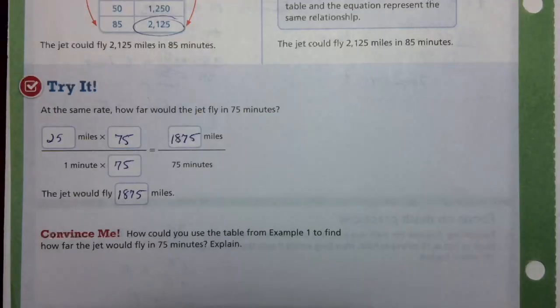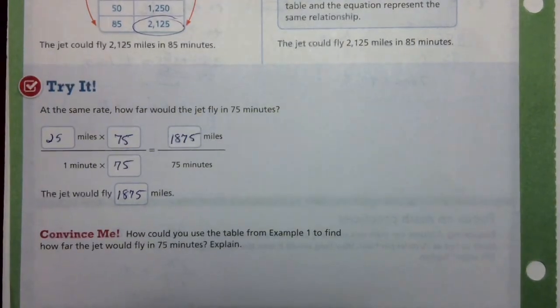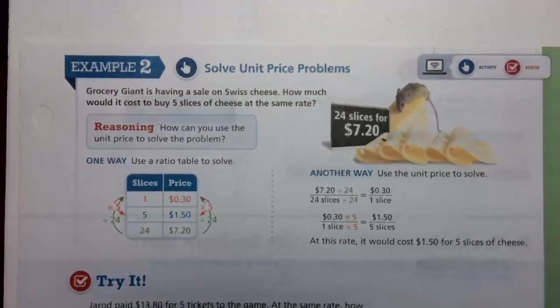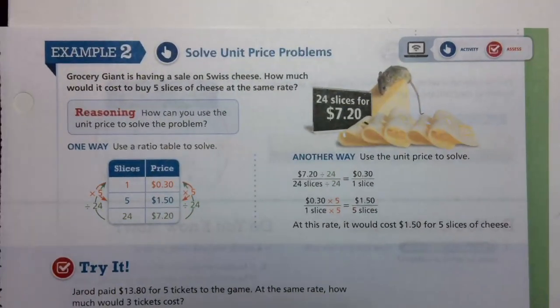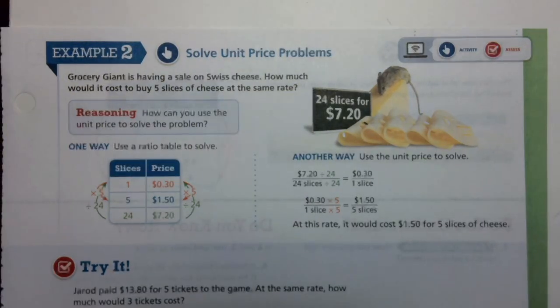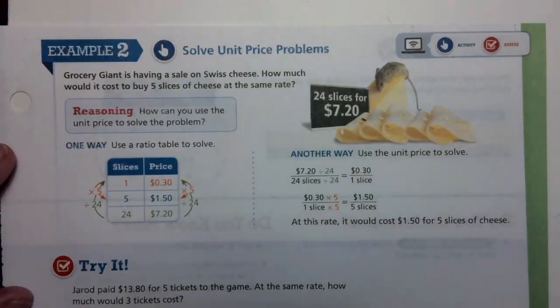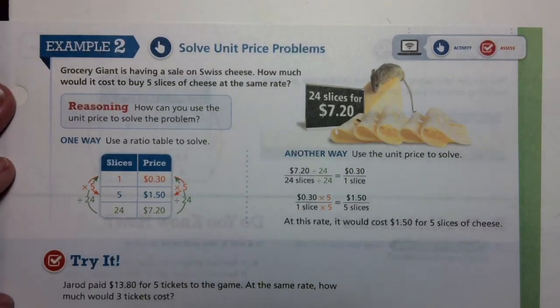Okay, let's look at example 2. Solving unit price problems. This looks like we're at the grocery store buying Swiss cheese. Grocery Giant is having a sale on Swiss cheese. How can you use the unit price to solve the problem?